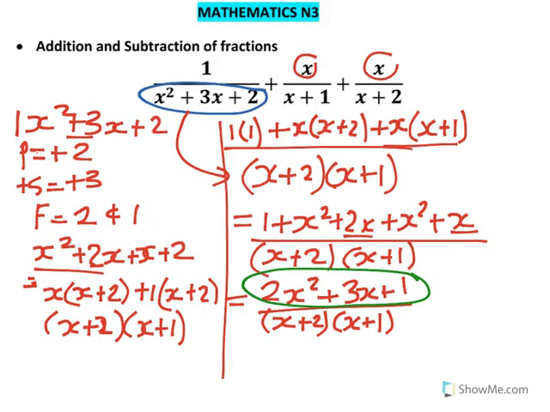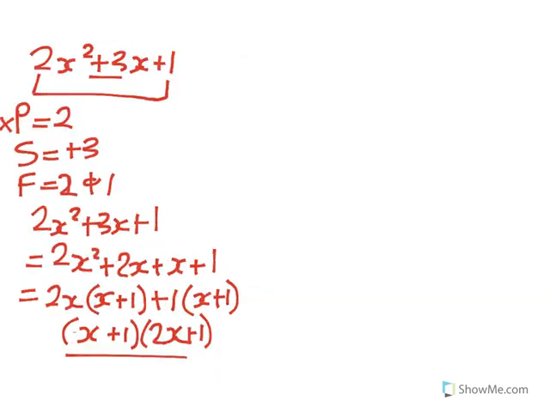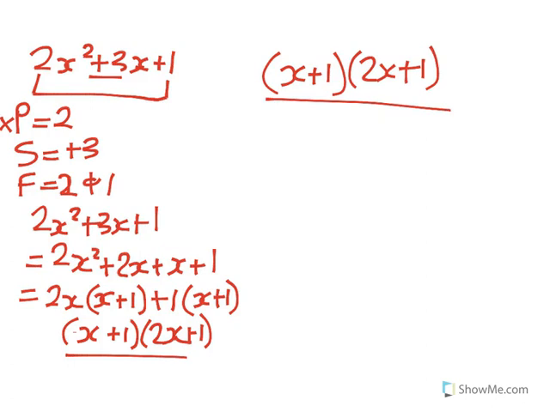Now, if we go back to our previous problem, we had that over x plus 2, x plus 1. In actual fact, you will now have x plus 1, 2x plus 1, all over the denominator x plus 2, x plus 1. So you see the trick there is to factorize that top, so that now you can cancel x plus 1 and x plus 1.